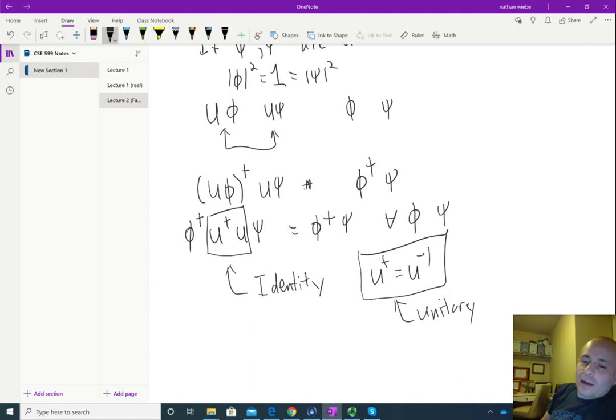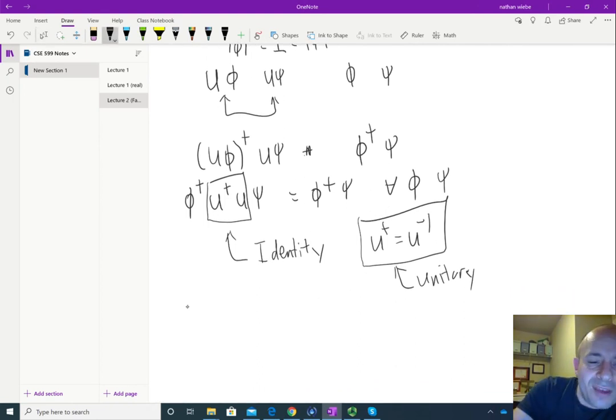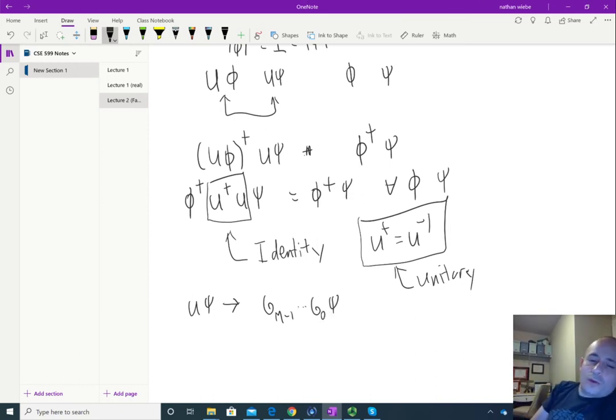And in quantum computing, really the art going beyond this point is to figure out ways of taking the transformations U psi that we end up getting and compiling these down to a sequence of quantum gates like G_{M-1} all the way down to G_0 acting on psi. So that's what we're going to be doing.